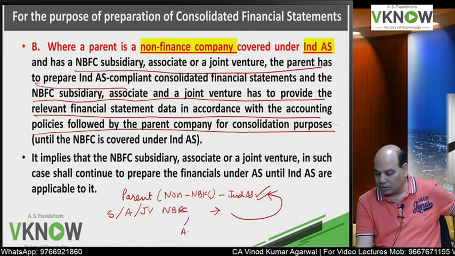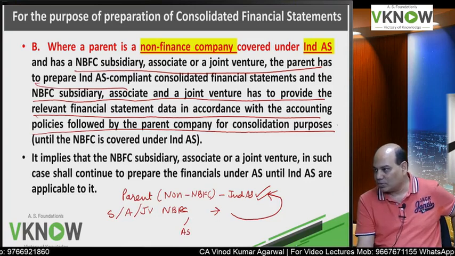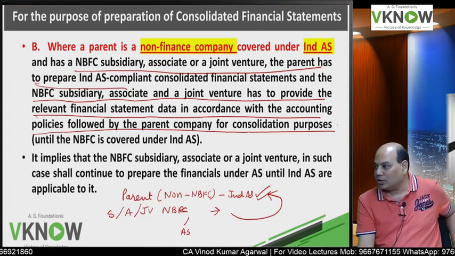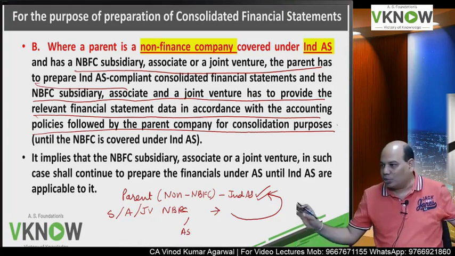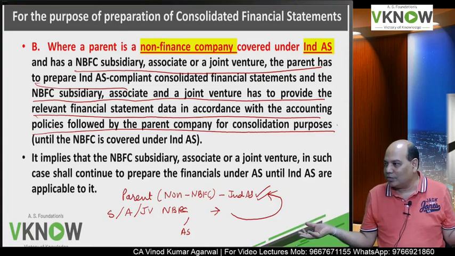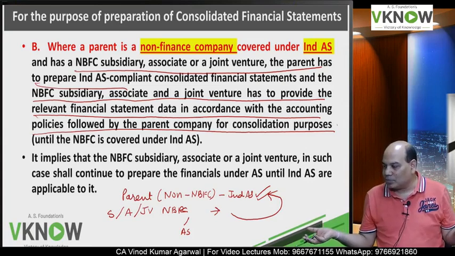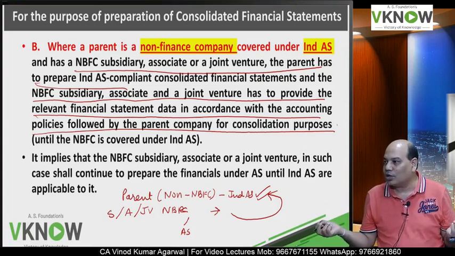So this NBFC will have to prepare two sets of financial statement now. One as per accounting standard for their own purpose, because they are not yet covered by the roadmap. If they are also covered by roadmap, then there is no problem. If both are covered by Ind AS, then where is the problem? The problem is that NBFC is not covered.